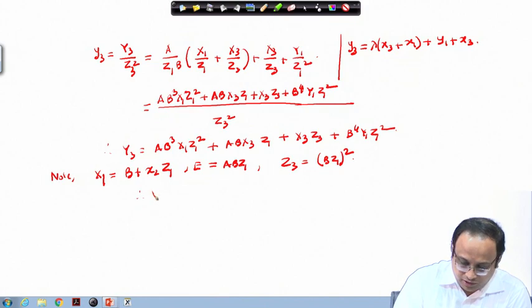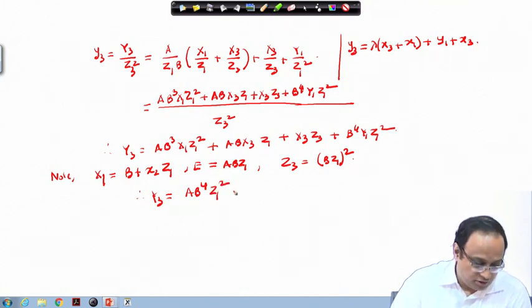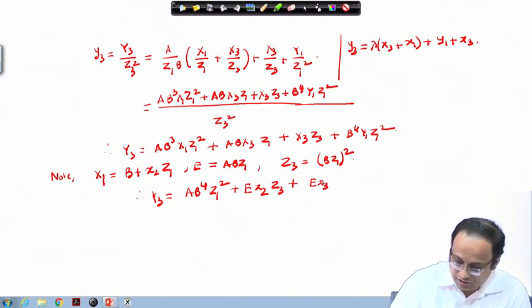So, therefore, write Y3 is equal to A b to the power of 4 Z1 square, okay, plus E small x2 Z3 plus capital E x3, okay, plus a capital X3 Z3 plus b to the power of 4 Y1 Z1 square.